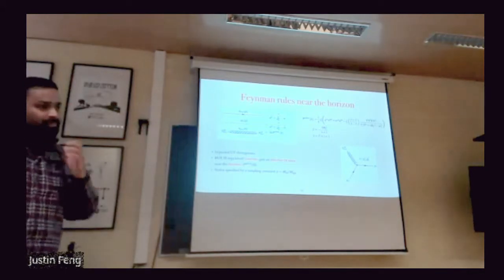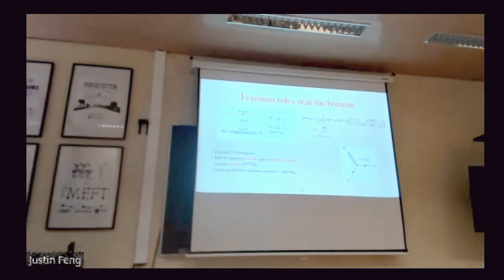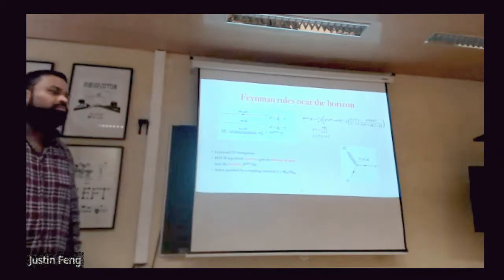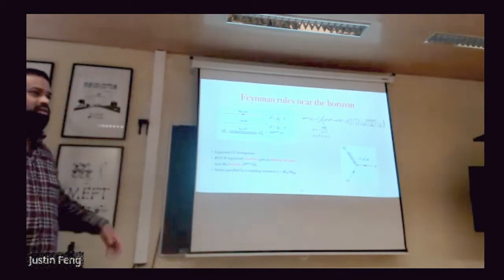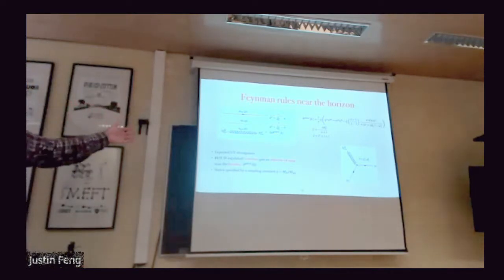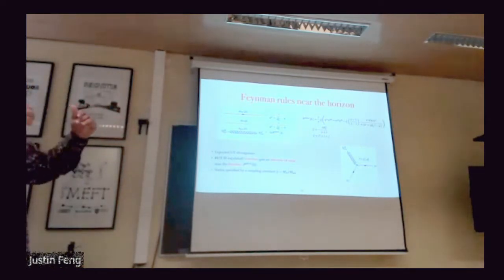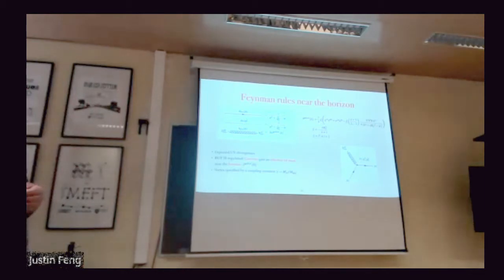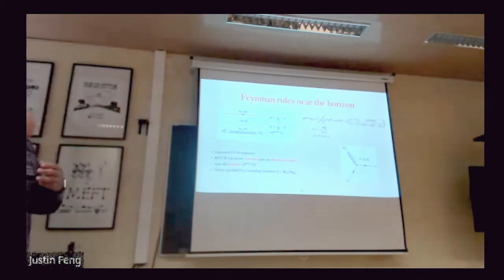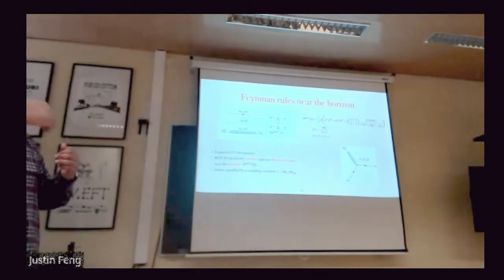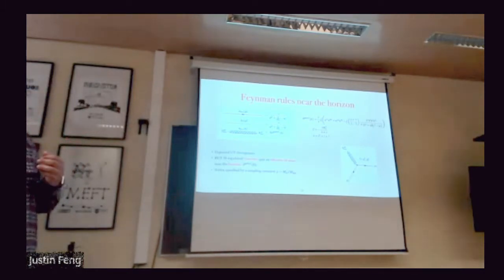Now, how are you going to match incoming states, since you want to preserve information? Yeah, so that's a problem we haven't solved. The asymptotic states that I'm looking at here are asymptotic states in the near horizon region. It's also interesting because think of an observer at a constant distance from the horizon.